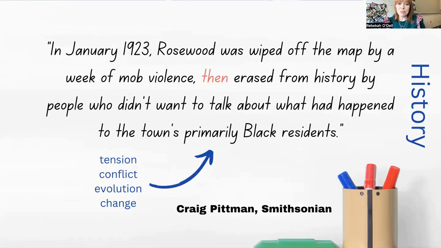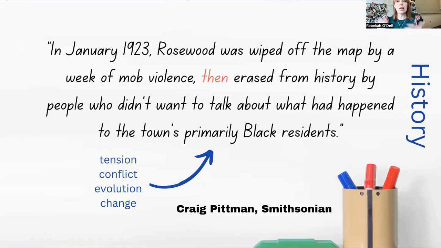Here we have one from Smithsonian Magazine. This is about a historical event. In January 1923, Rosewood was wiped off the map by a week of mob violence, then erased from history by people who didn't want to talk about what had happened to the town's primarily Black residents. Now, Craig Pittman, the writer, may have been tempted to just leave it at this event in Rosewood in January 1923.